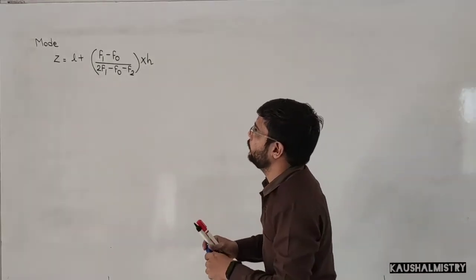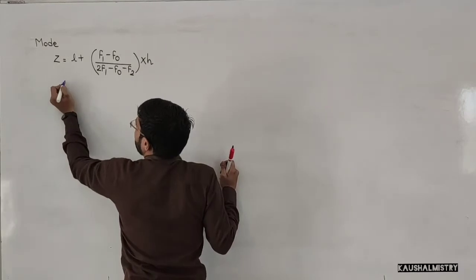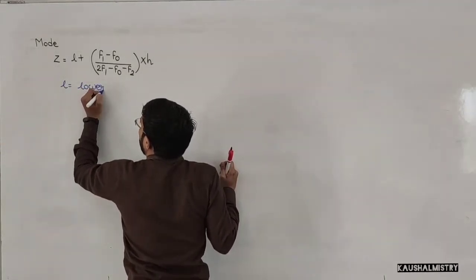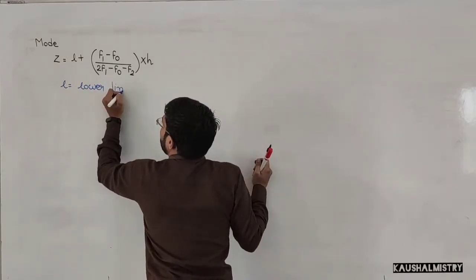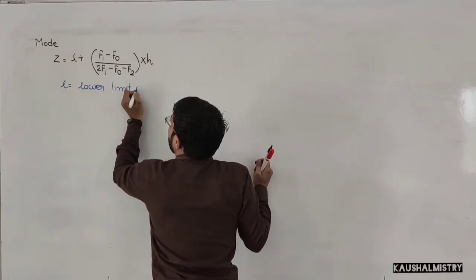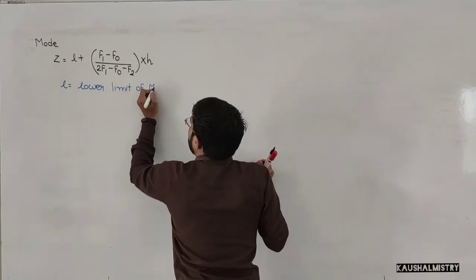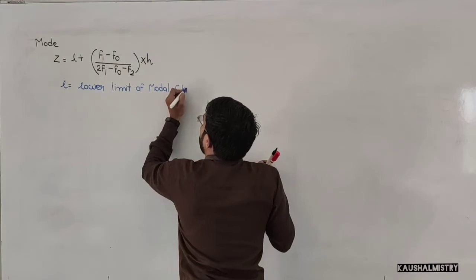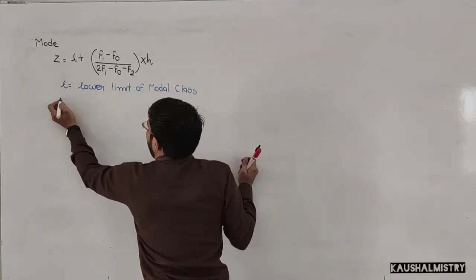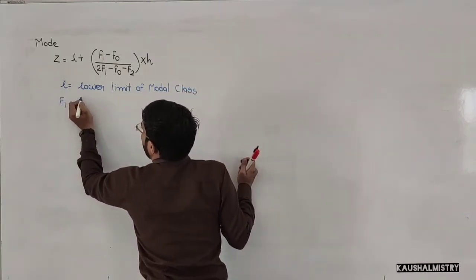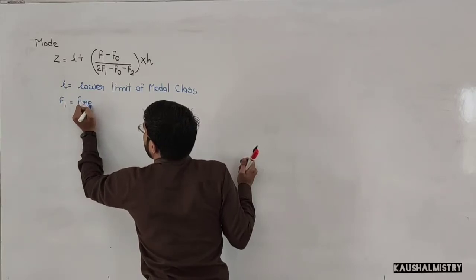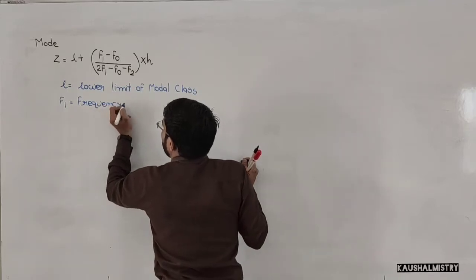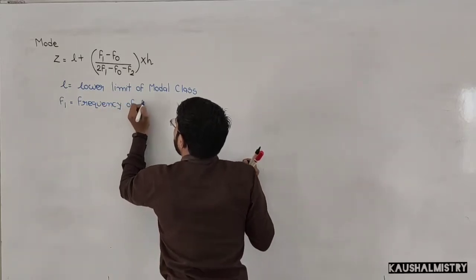L is equal to the lower limit of the modal class. F1 is equal to the frequency of the modal class.